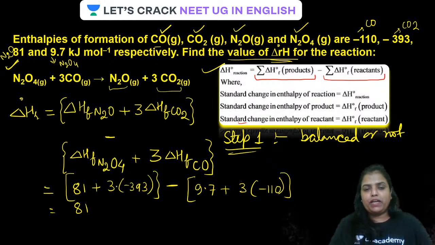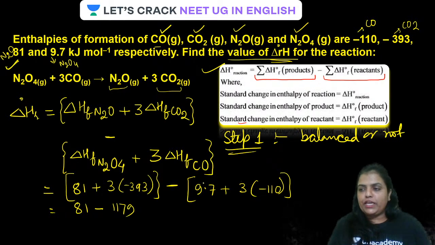It will be 81, 3 into minus 393. So it will be minus, yes, guys, 1179. Then it is minus into plus 9.7, simply minus 9.7. Now, guys, this is plus, this is minus, here also minus. It will be how much? This will be plus 330.